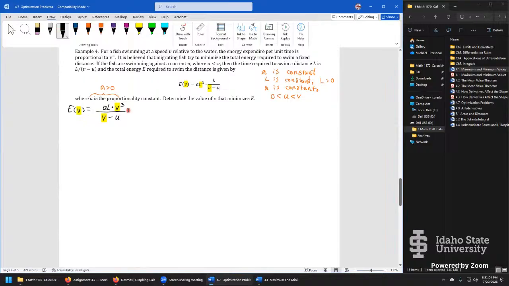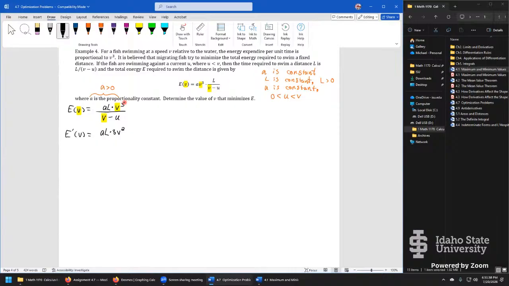We'll use the quotient rule and begin by saying E prime at V. If we're going to differentiate that, it's a tough one to visualize unless we're thinking in terms of what are the constants. If A and L are just a constant there, we can use the constant multiple rule that says A L stays exactly where it is. Then we differentiate V cubed, that'll be times 3 V squared. So we're using the quotient rule.